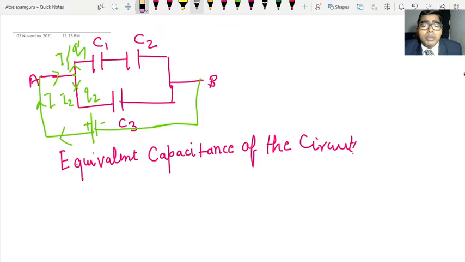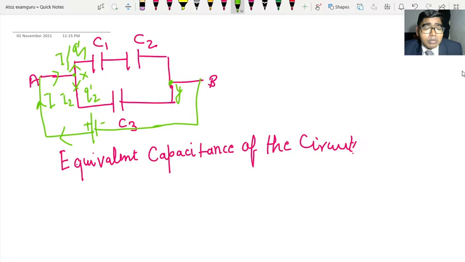The charge q1 dash passes through capacitor C1 and capacitor C2, and the charge q2 dash passes through capacitor C3. At this node, let us call it x, and this one y, at node y q1 dash and q2 dash combine again and form the charge q again.